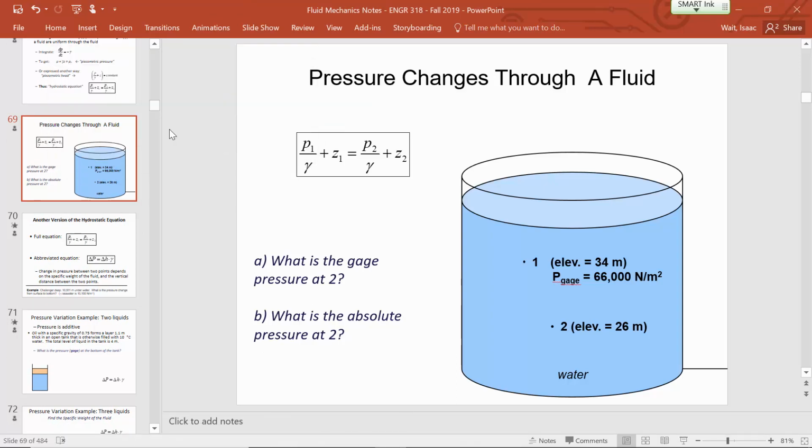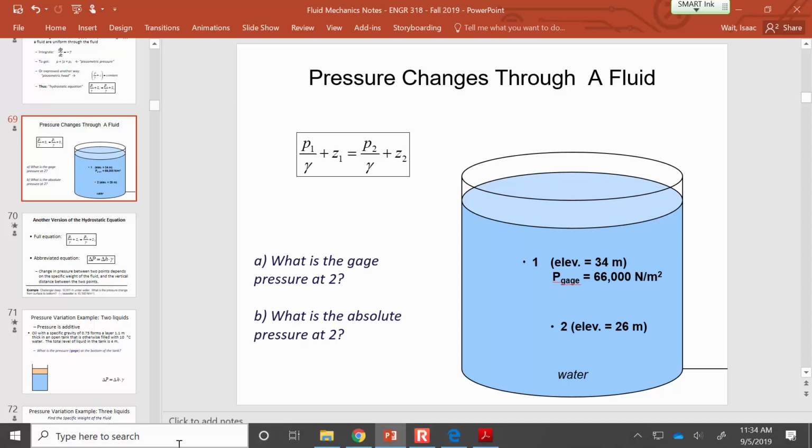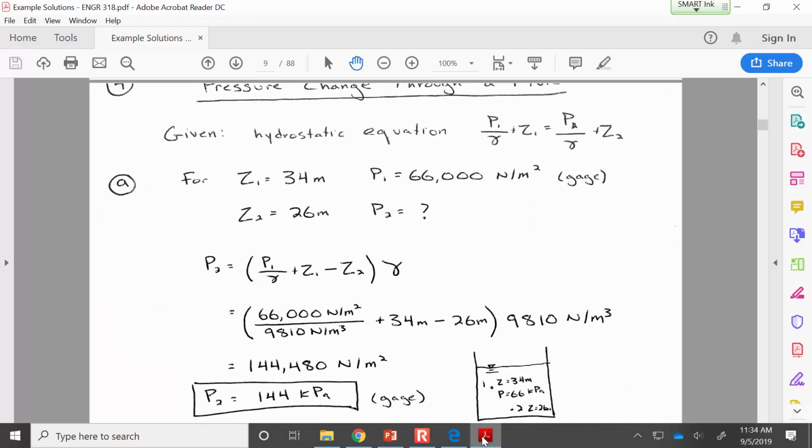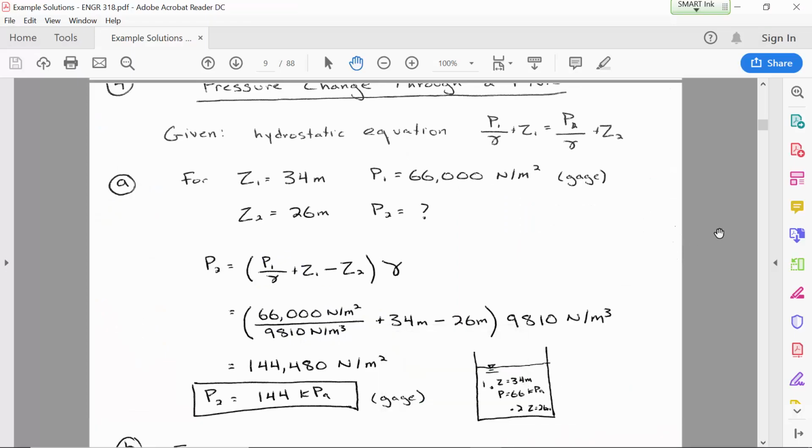What number did you get for that? Okay, so here is the solution for part A. We're just using the hydrostatic equation to talk about a pressure change through a static fluid. That equation doesn't apply if the water is moving. At least it doesn't apply very well.